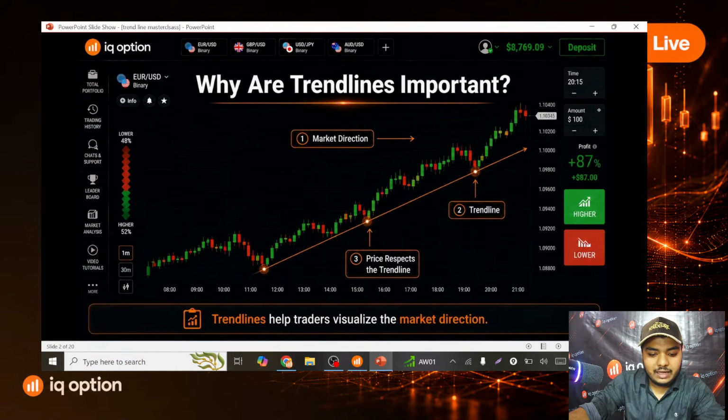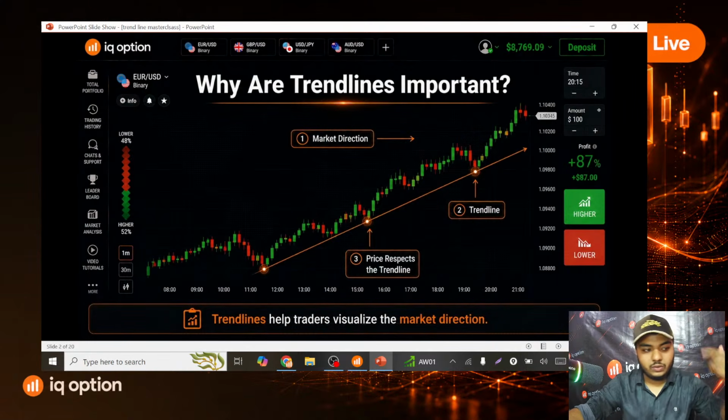A trend line helps us connect these important swing points and makes the market direction easier to see. Instead of guessing where the market is going, a trend line gives us a simple visual guide. It can also help us identify areas where price may react or continue moving in the same direction. So guys, remember, a trend line is not used to predict the market, it is used to understand the market.